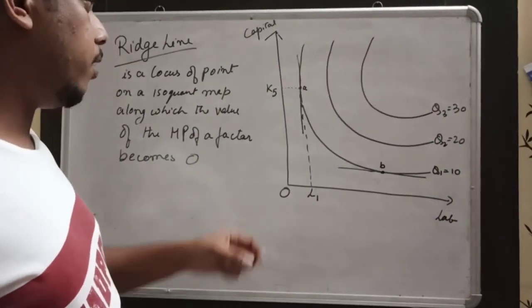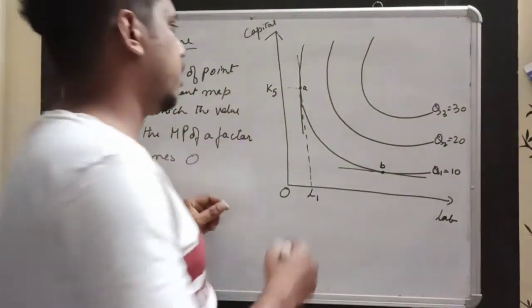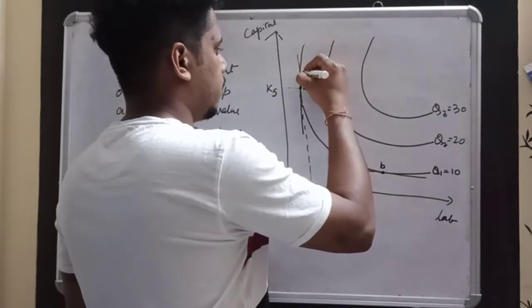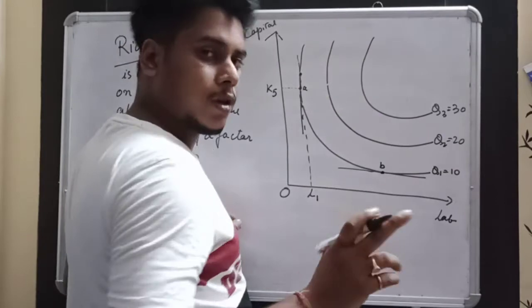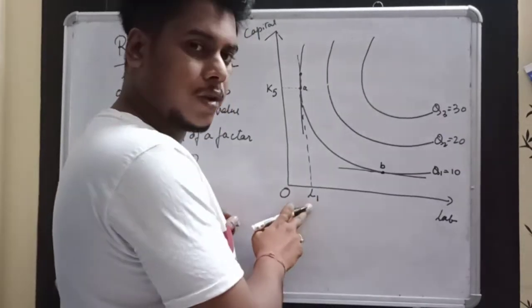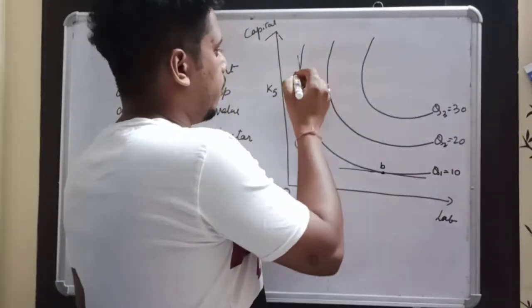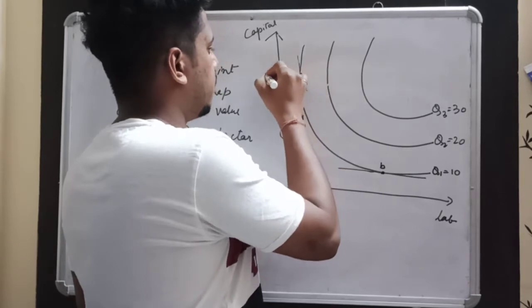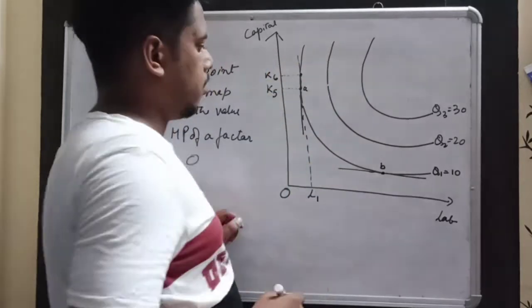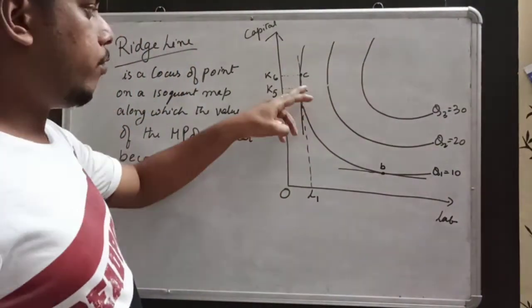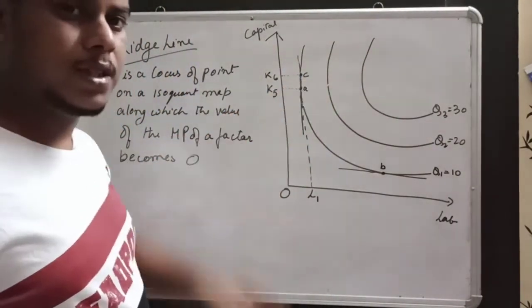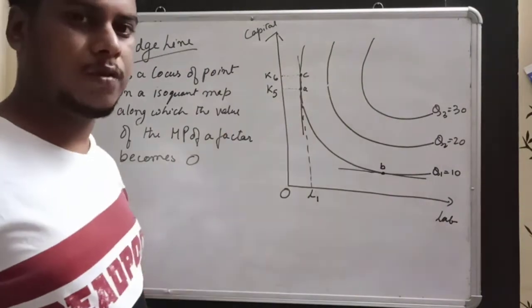Now if you go beyond this point, say at this point, you are still using L1 unit of labor. The labor amount has remained the same, whereas the capital amount has increased. So if you compare point A with point C, which one is beneficial for you?